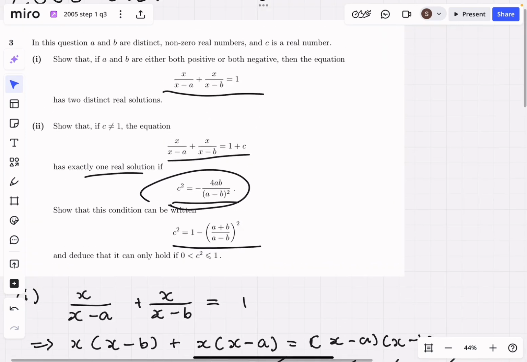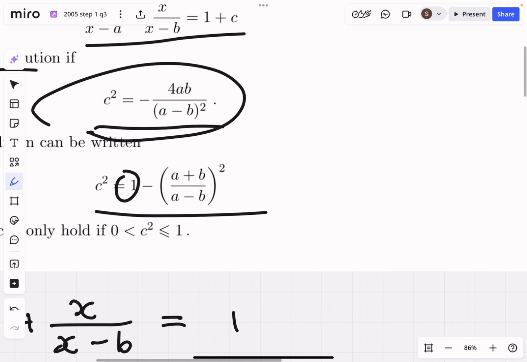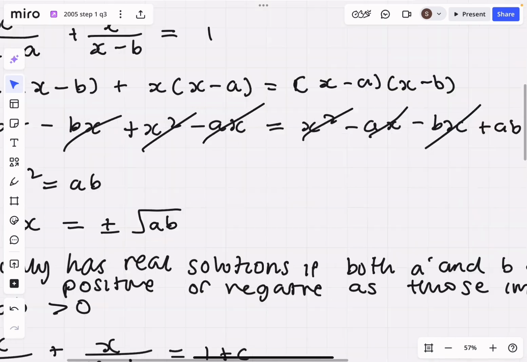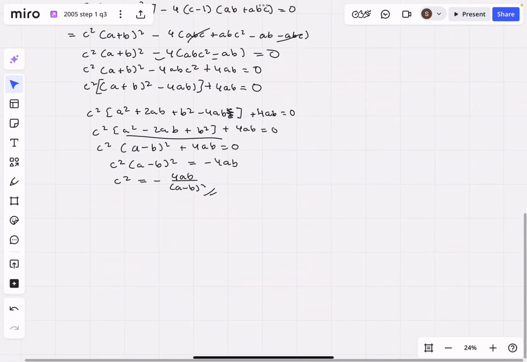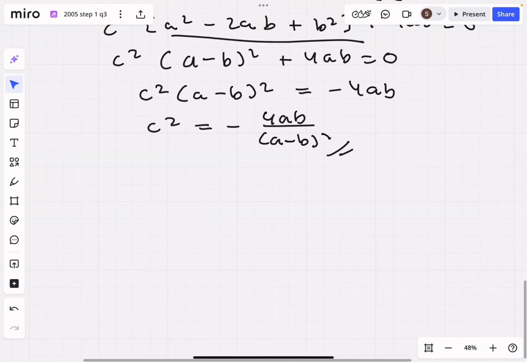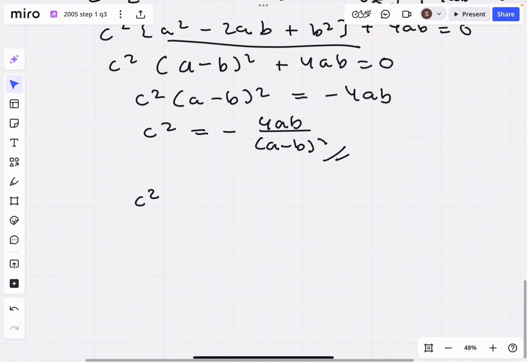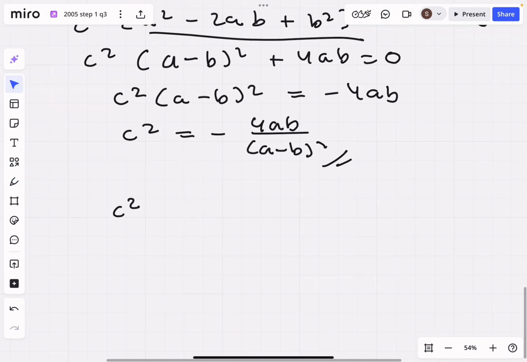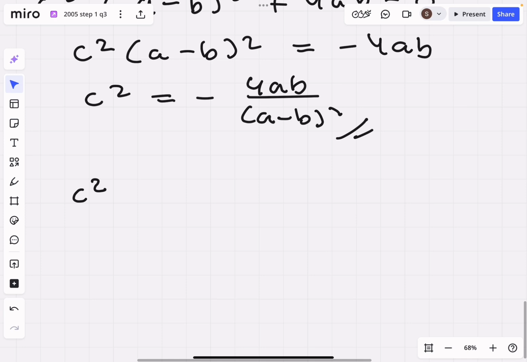So the first thing I notice is that there's a 1 here, but this denominator is still the same. So we can use some algebraic manipulation and we can add and subtract the same thing to get the same top and bottom.